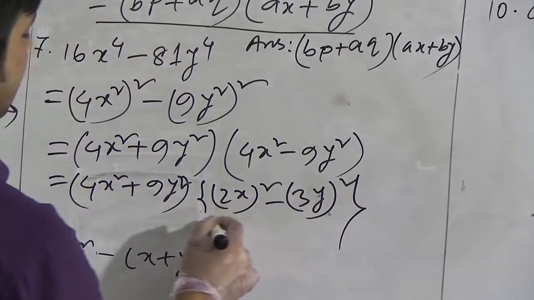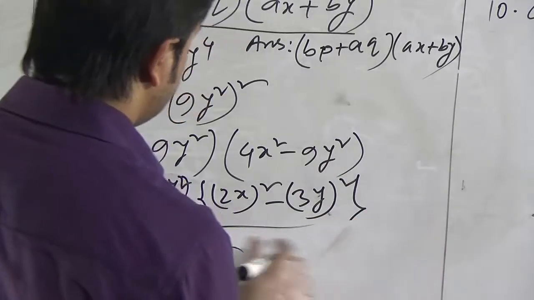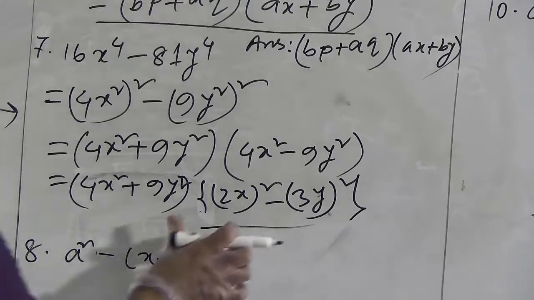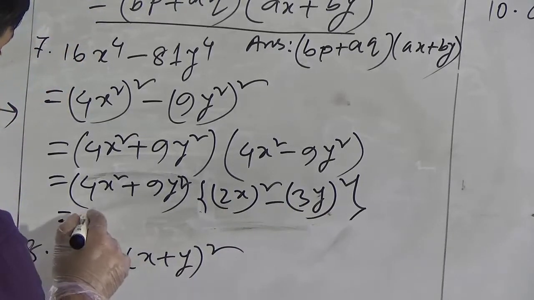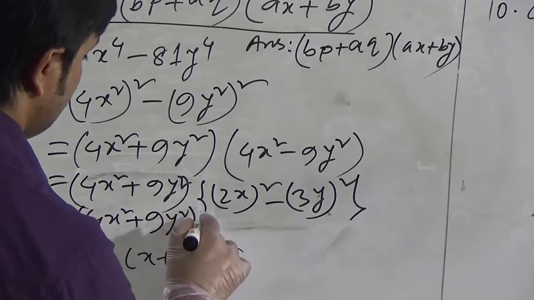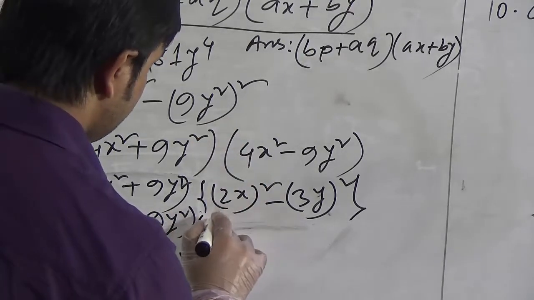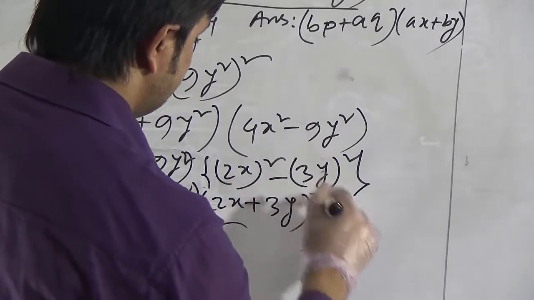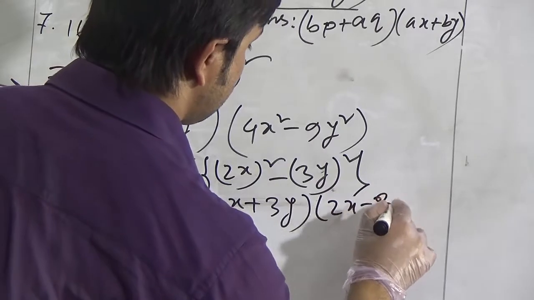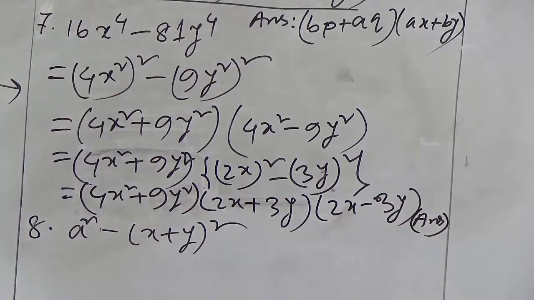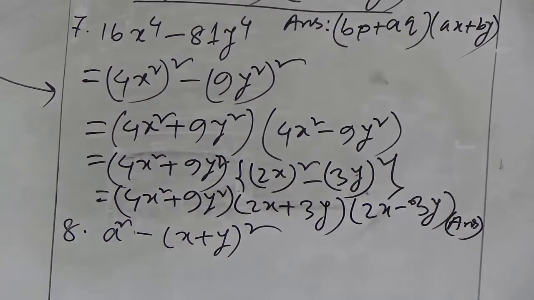It means that in this factor we will get again this formula, a square minus b square equal to a plus b into a minus b. So we can write this one in this way, 4x square plus 9y square, and then 2x plus 3y, it means a plus b into a minus b, 2x minus 3y. This is our required answer for question 7.